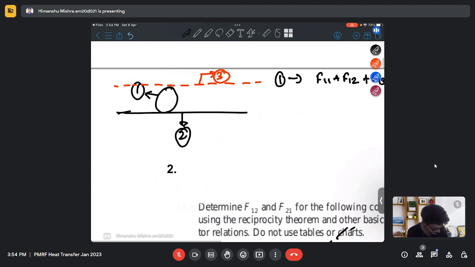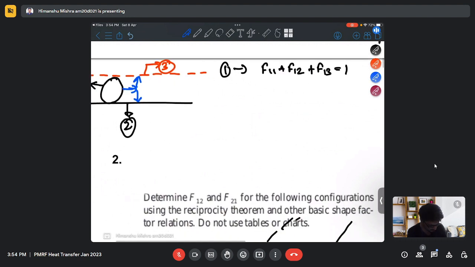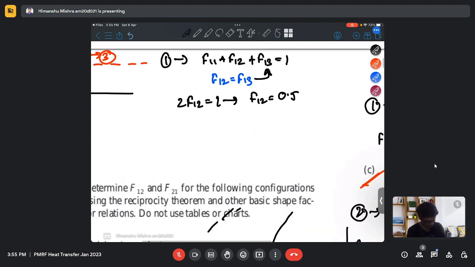So again we can use a symmetry relation, that is, whatever radiation is emitted from surface 1 goes to surface 3, and the same amount of radiation goes to surface 2 also, which means that F12 equals F13. So I can put this in the summation rule to find F12 is 0.5, and F13 is also 0.5.